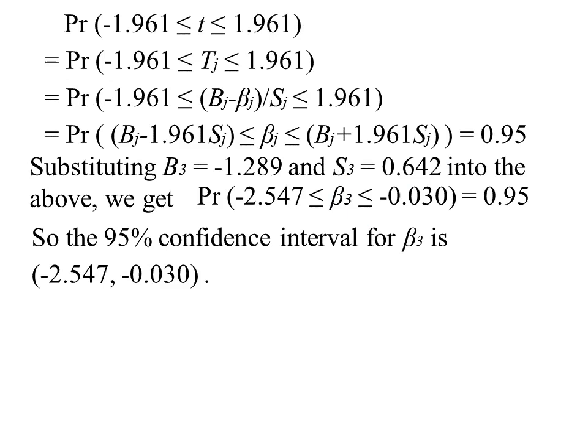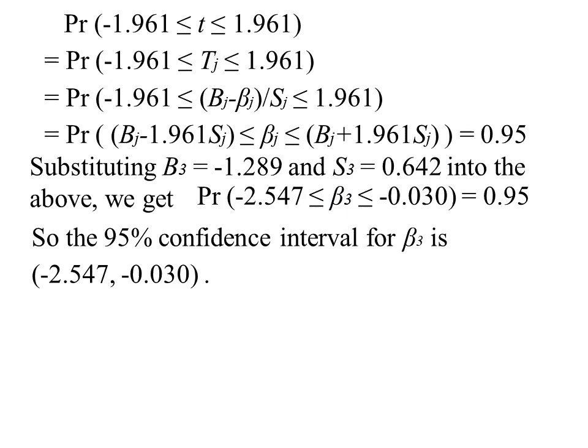By replacing the uppercase T by B minus beta over S, and rearranging the terms, we get that the probability for beta to fall between B minus 1.961 times S and B plus 1.961 times S is about 95%, too. So these two quantities, B minus 1.961 times S and B plus 1.961 times S, are the lower and higher ends of a 95% confidence interval for beta.